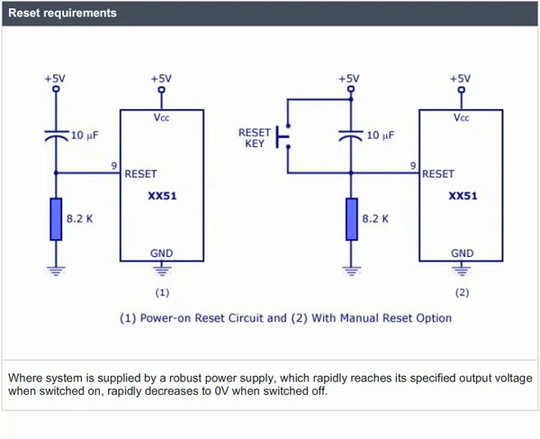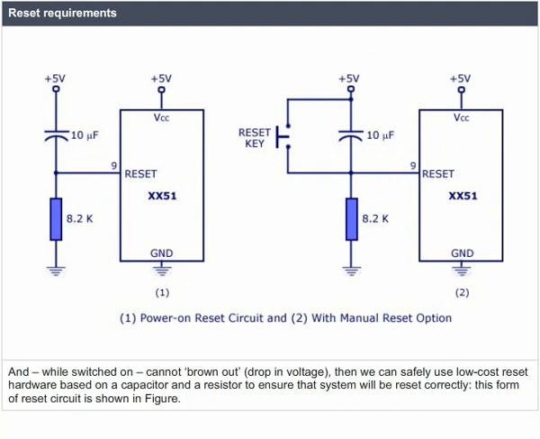Where the system is supplied by a robust power supply, which rapidly reaches its specified output voltage when switched on, rapidly decreases to 0 volts when switched off, and while switched on cannot brown out, that is drop in voltage, then we can safely use low-cost reset hardware based on a capacitor and a resistor to ensure that the system will be reset correctly. This form of reset circuit is shown in the figure.